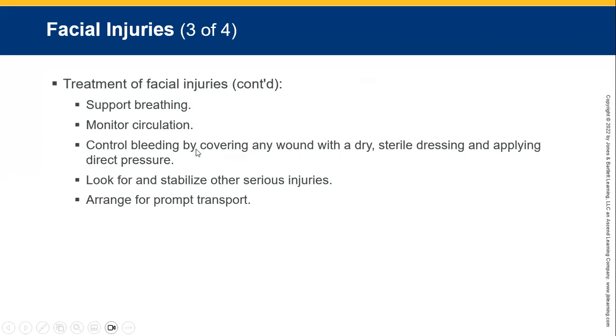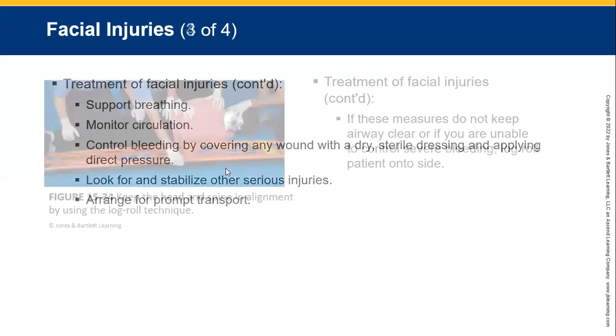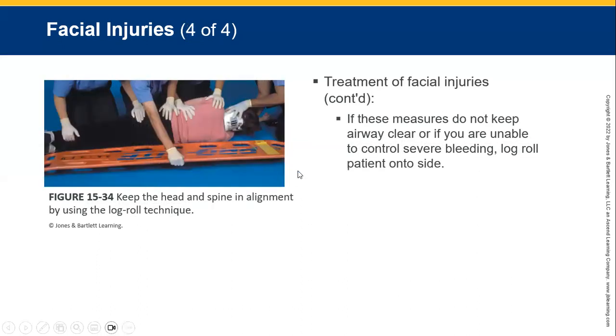Always support breathing, monitor circulation, and control and cover bleeding. Obviously, we always want to control bleeding and look at stabilizing other injuries once you've done your secondary survey. Arrange rapid transport to hospital.